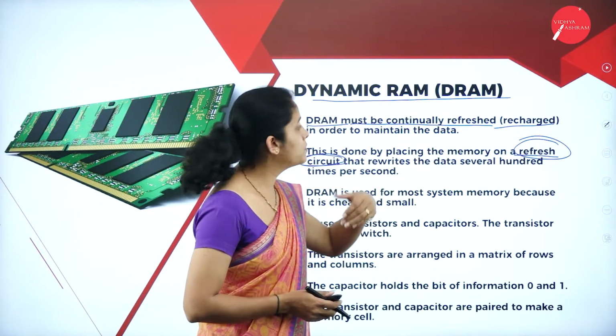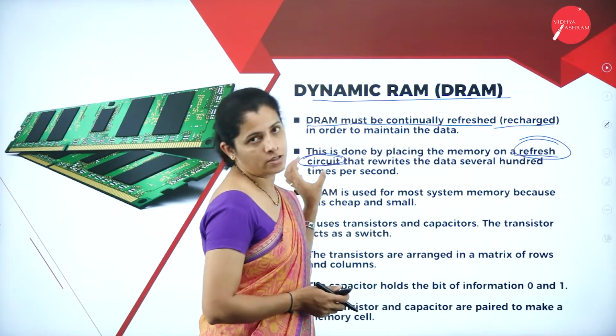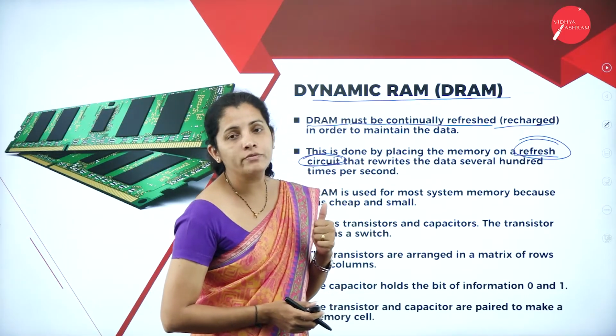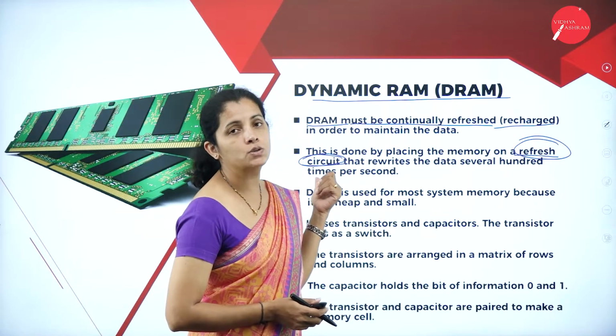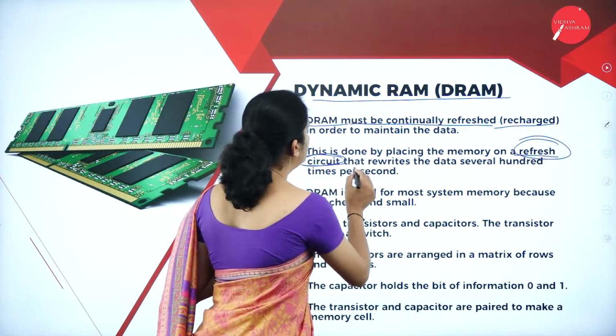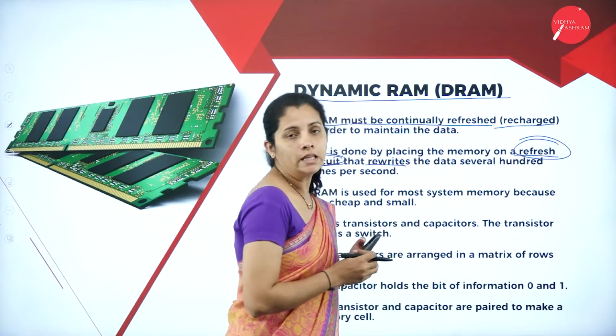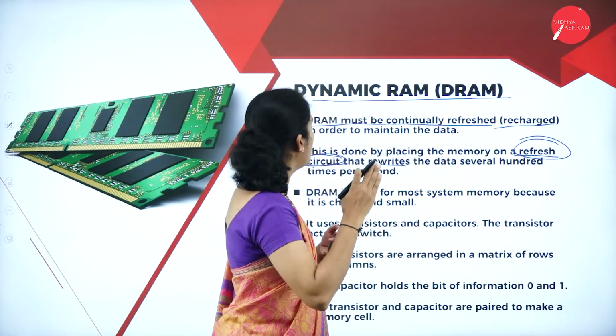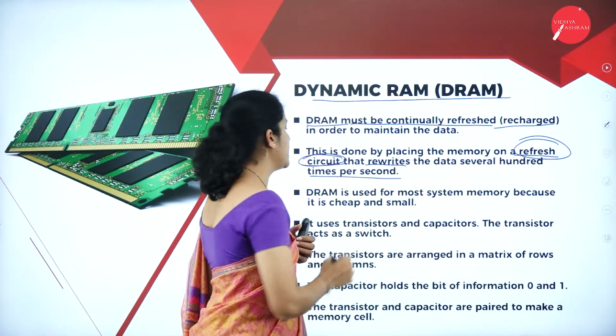To refresh, I'm going to have a refresh circuit. And what is the job of the refresh circuit here? It is going to refresh the data frequently. That means it is going to rewrite the data several hundred times per second.